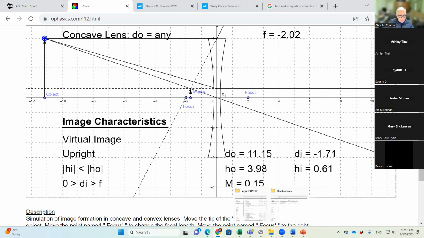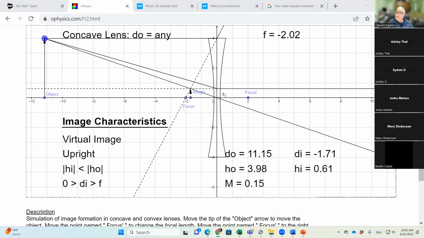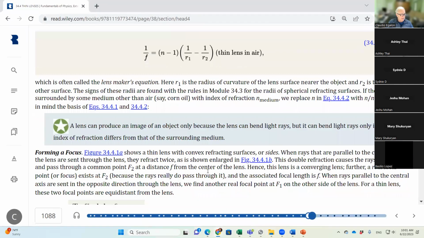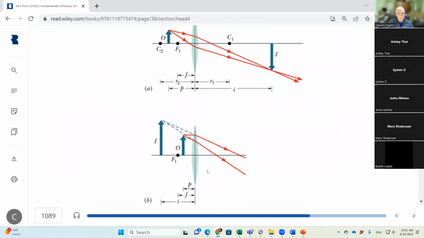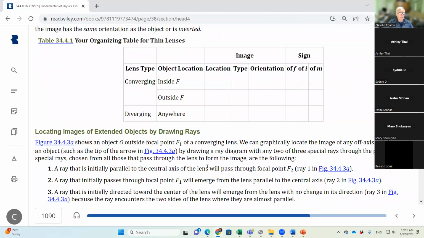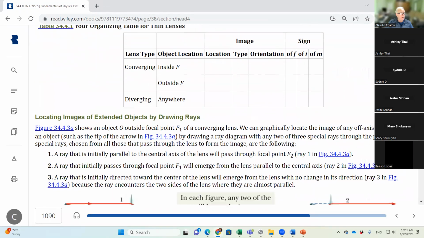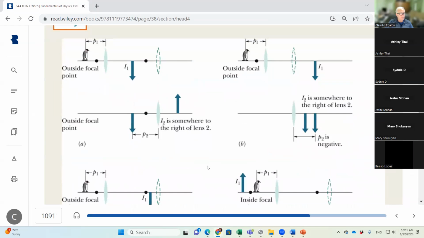Okay, so that's basically what this chapter is all about. Converging lens, diverging lens. Then there is this organization of the table. The image of the penguin.